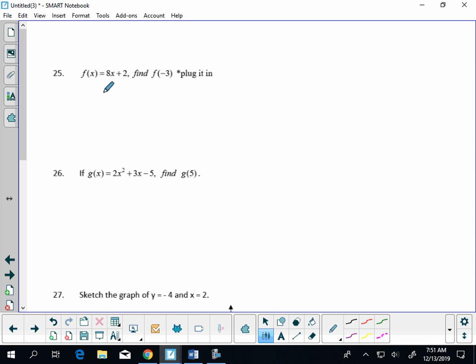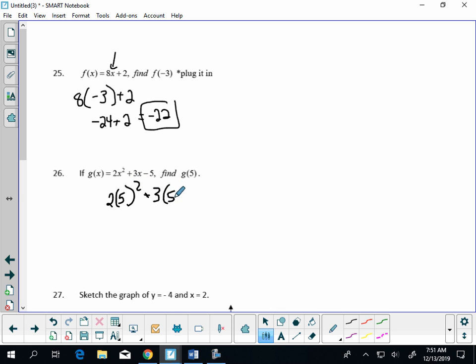On this one, you just plug it in, the negative 3, wherever you see an x. So it's going to be 8 times negative 3 plus 2, negative 24 plus 2, and that is negative 22. 2 times 5 squared plus 3 times 5 minus 5.